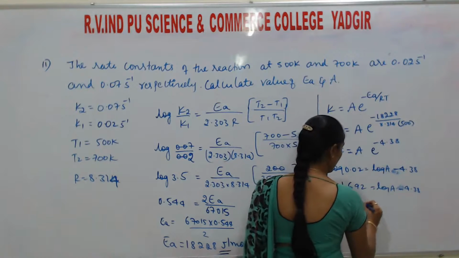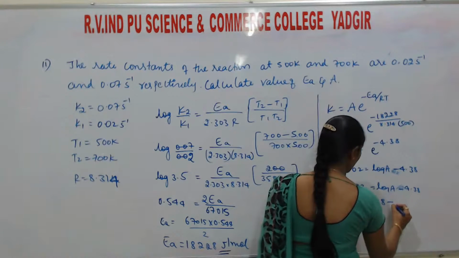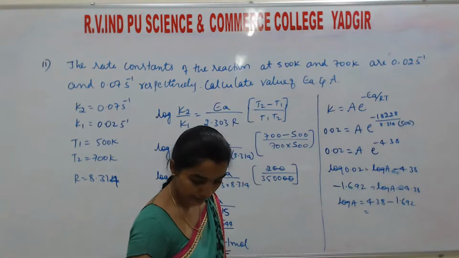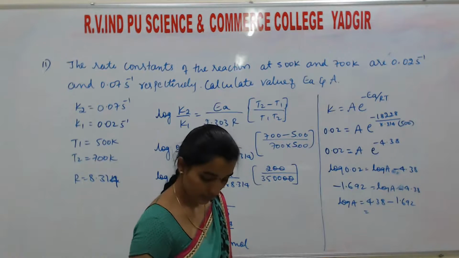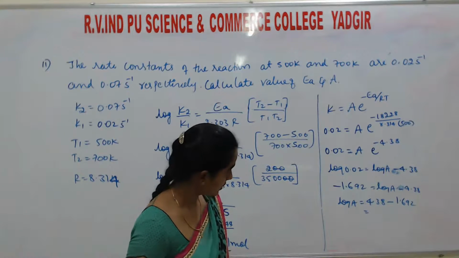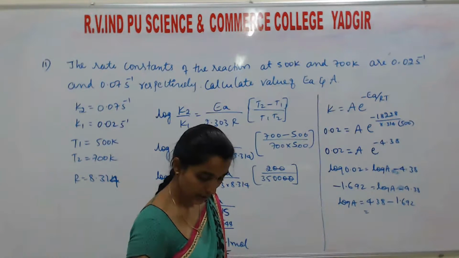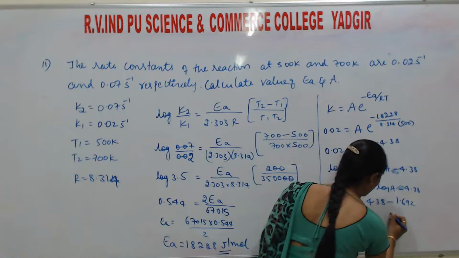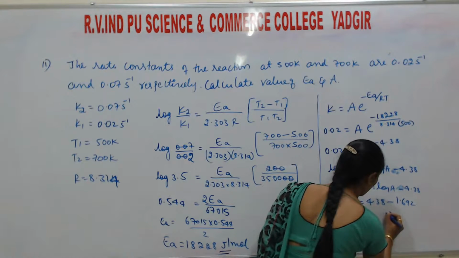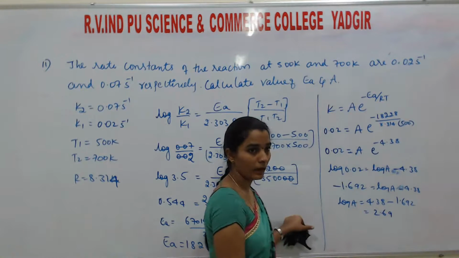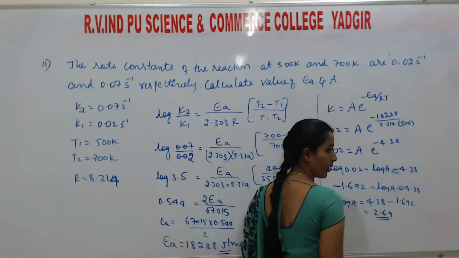So log A is equal to 4.3 minus 1.692. You get approximately 4.38 minus 1.69, then we got 2.69.